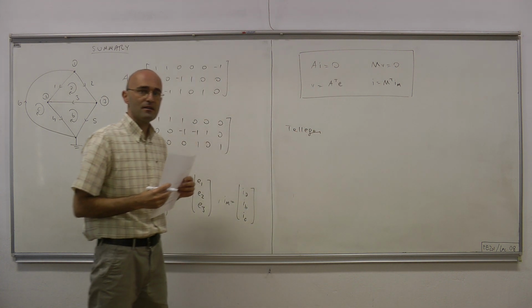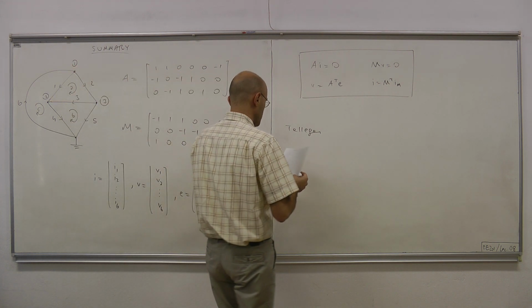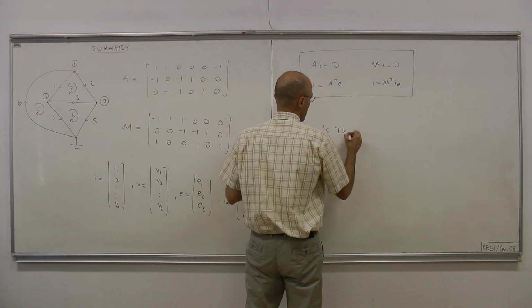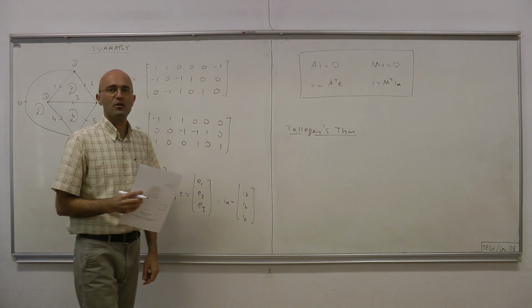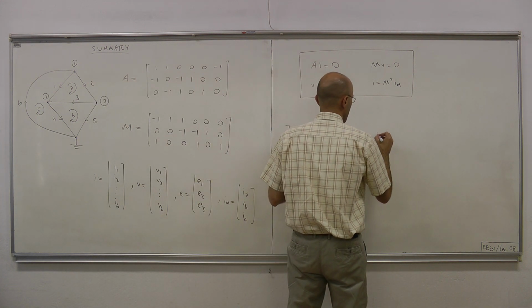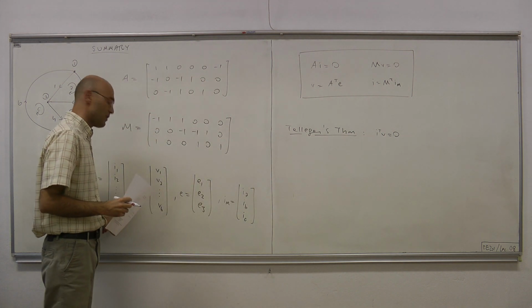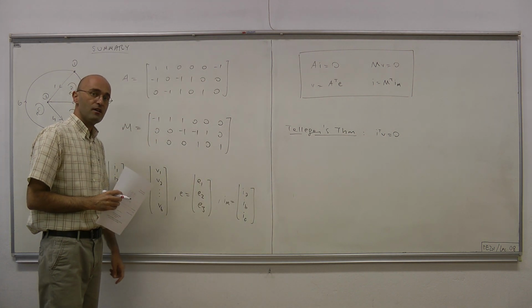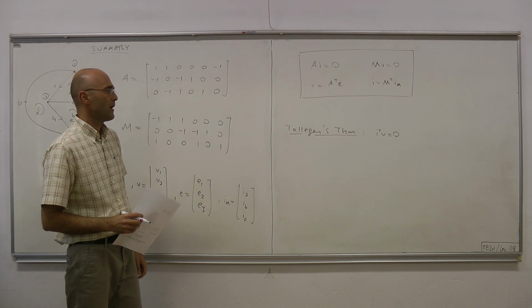Also, we saw a very important, arguably the most important theorem in network theory. It's Tellegen's theorem, which has a very short statement and also a very short proof. And the statement was this. That is, this current vector and this voltage vector are always orthogonal to one another. Okay.